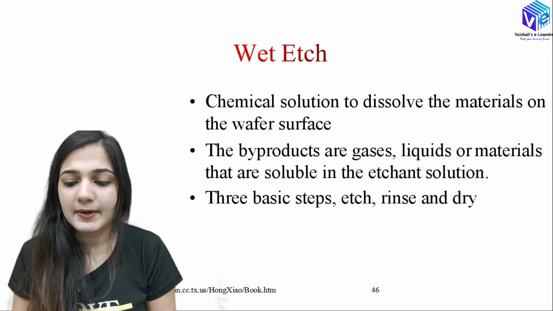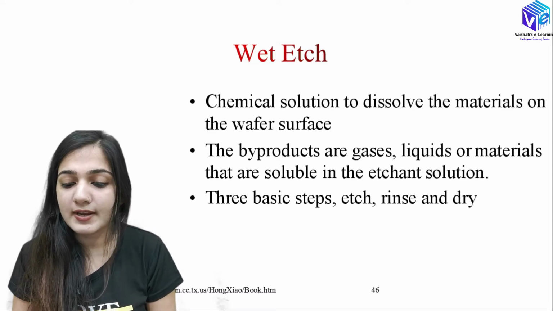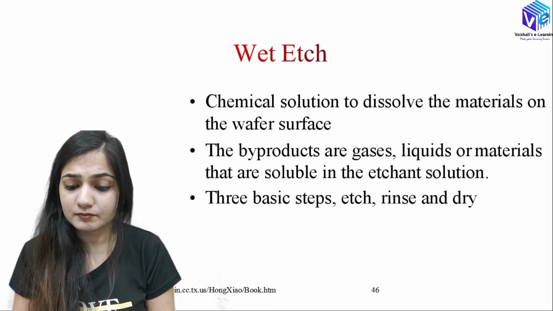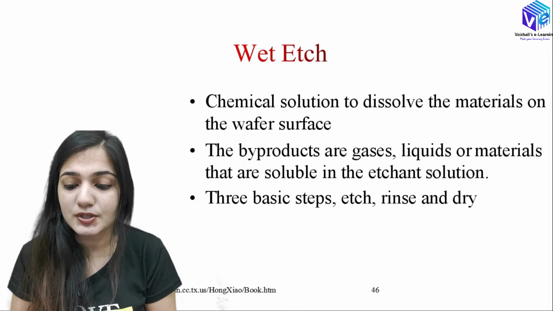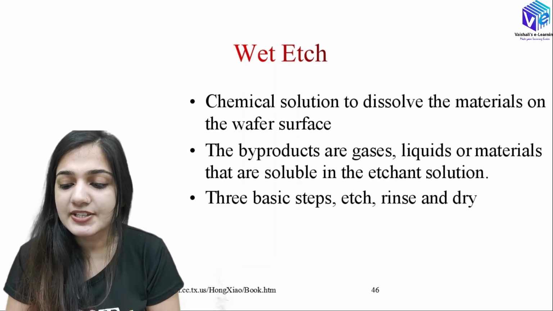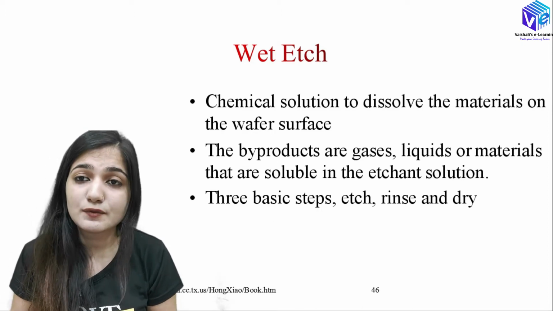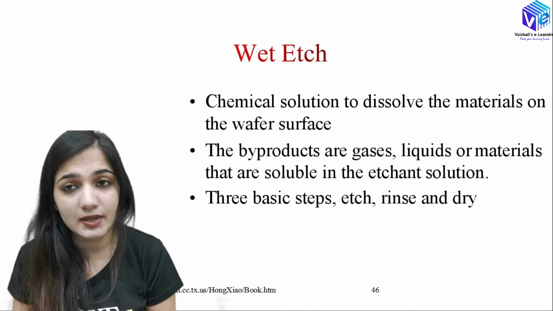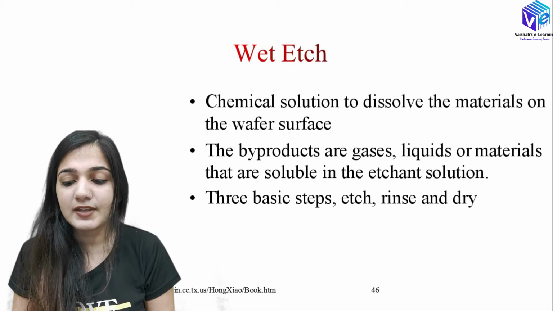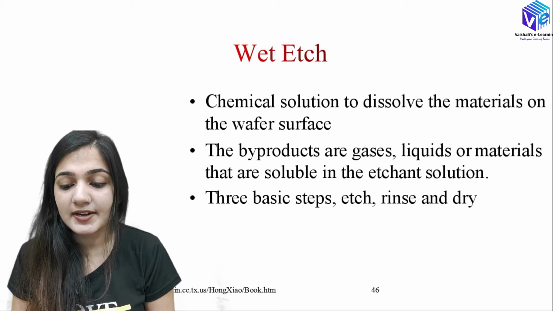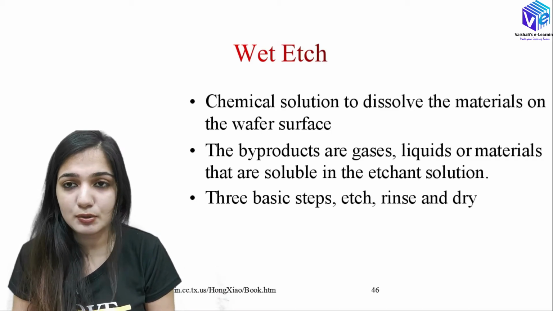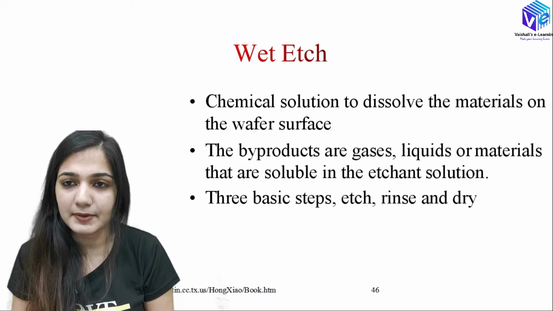So here the byproducts are gases, liquids, or can also be solid state. So it can be materials which are soluble in the etchant solution. If these are solid in state, they will be forming the residues, as I have already discussed with you in the last lecture. Okay, so if they are gases or liquid or material that are soluble in the etchant solution, so I can easily remove the byproducts.